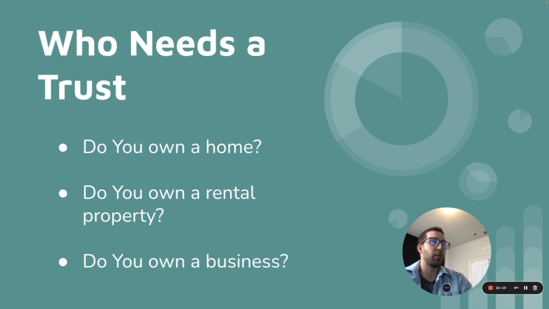Now, you're probably asking, what if I finance my property and I have to finance it using my individual name? Great question. Yes, you would have to close in your individual name, but shortly thereafter, you would be able to transfer via a quitclaim deed from your individual name into the name of a land trust. And then you would be able to hold title through that land trust thereafter.